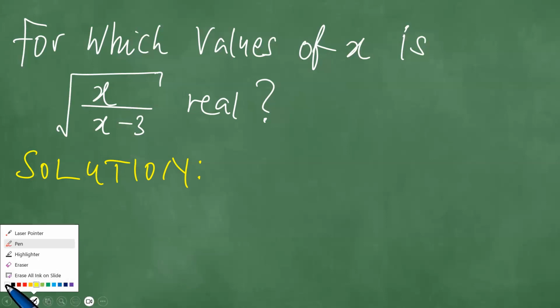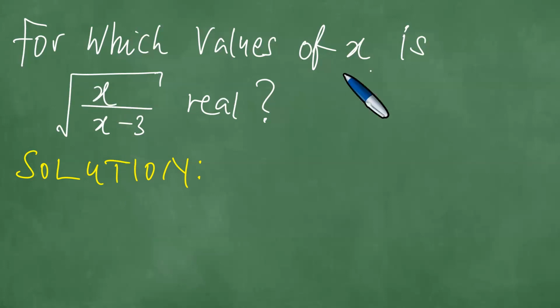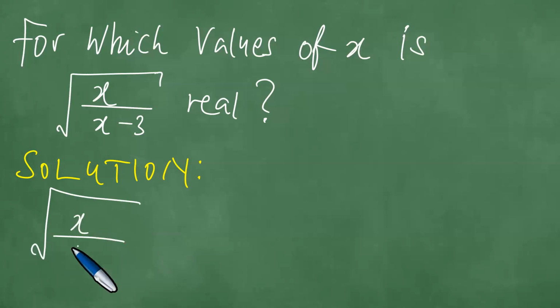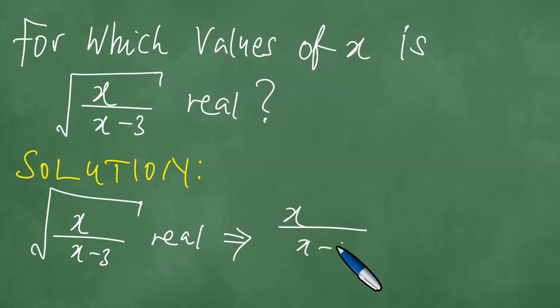But to analyze this question, we're saying, for which values of x is this real? So for this to be real, we need to realize that we have x over x minus 3. Real means that whatever is under the square root must be greater than or equal to 0, because square roots that are real are square roots of positive numbers or 0.